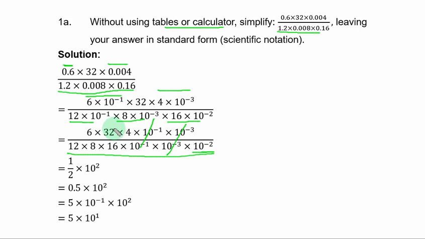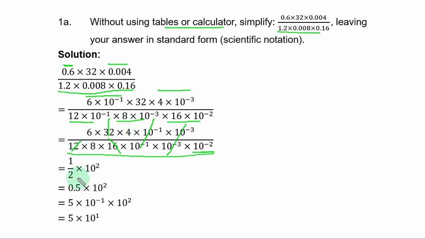Okay, now let's come here. You divide 32 by 16, you are left with 2 here. This 2 that is remaining here times 6 is 12. That will remove this 12. You see that? You have 4 and 8.